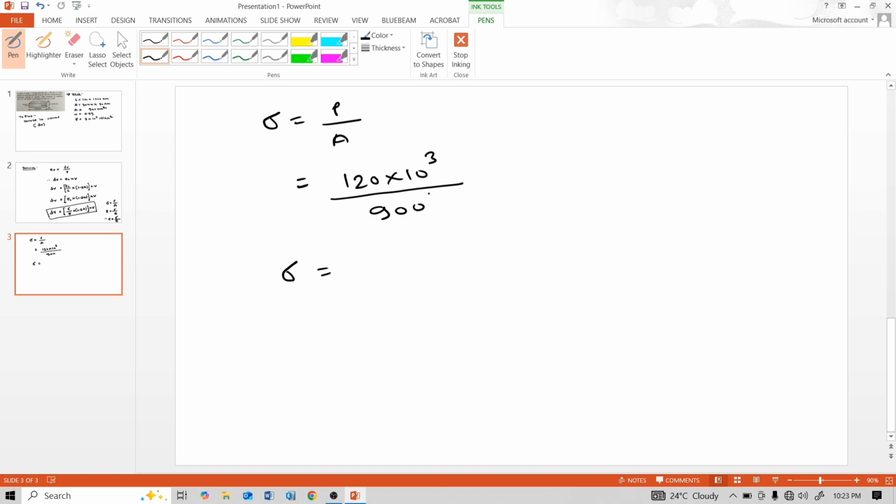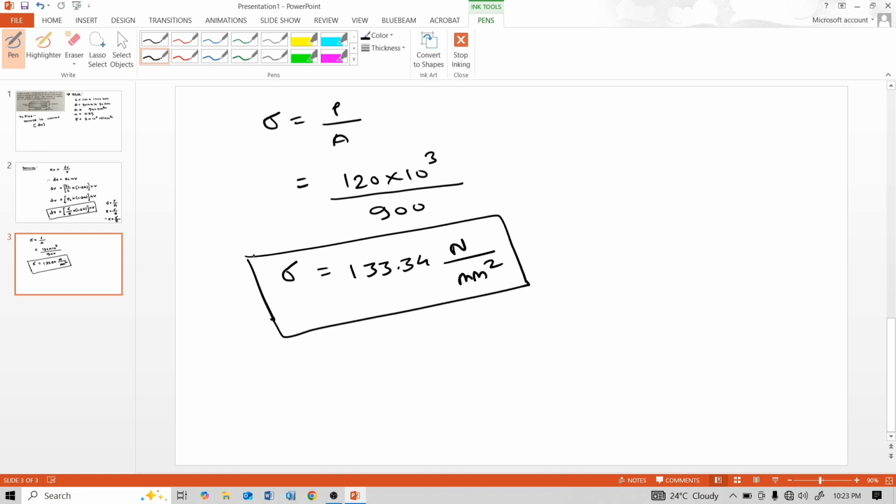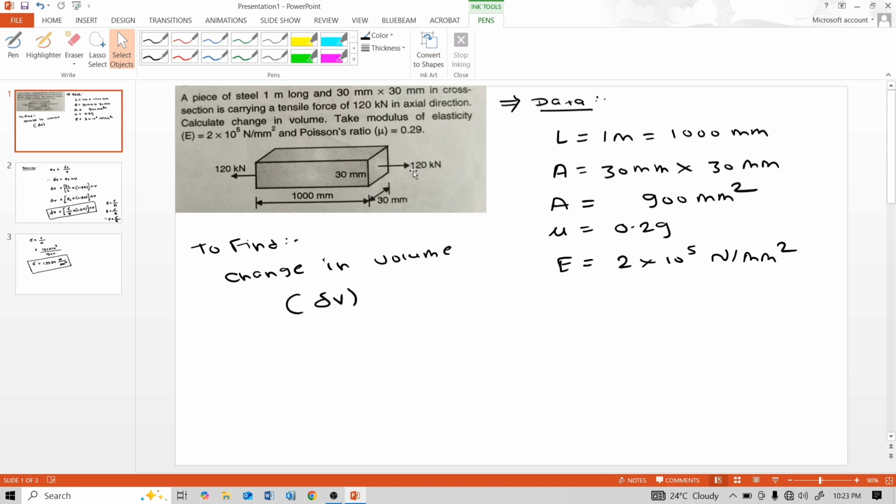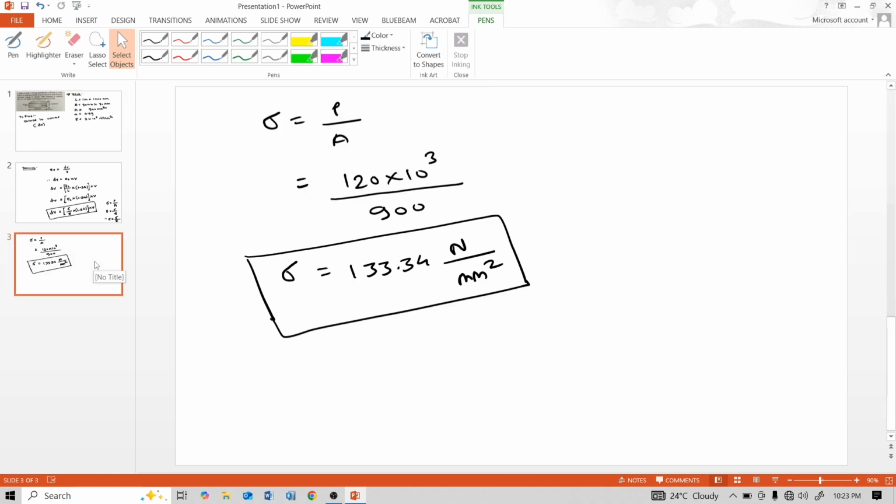That means this stress value comes to 133.34 Newton per mm square. For this axial load of 120 kilonewton, stress is 133.34 Newton per mm square.